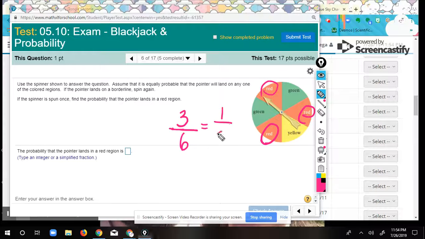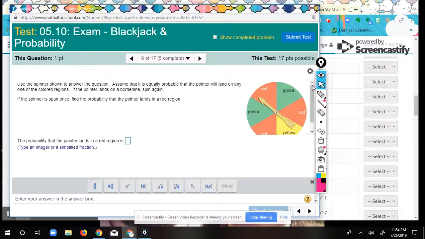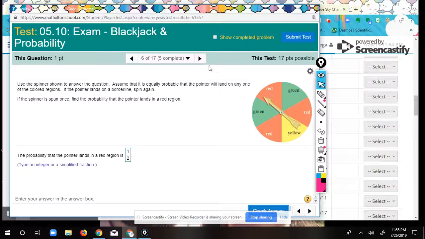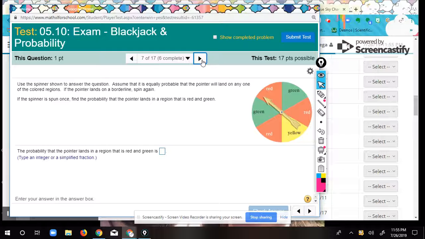When you reduce that, it reduces to 1/2. So we're going to put that in there as 1/2. It's always what you're looking for over the total number of possibilities.